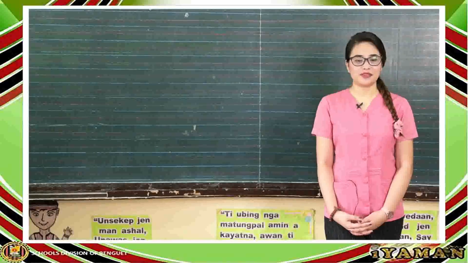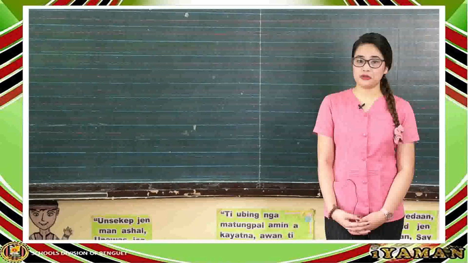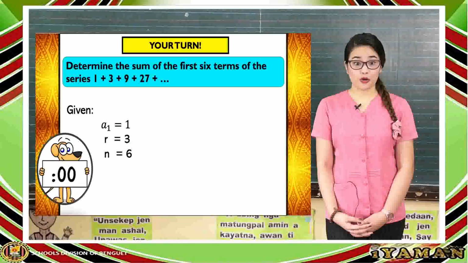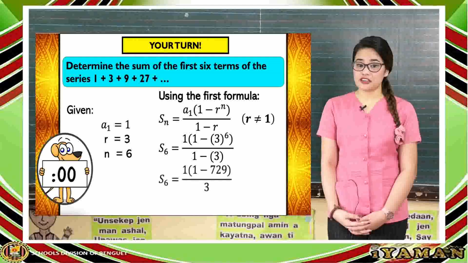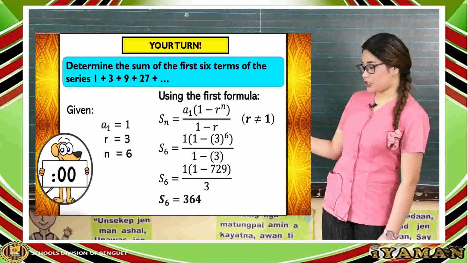Are you done? Okay, so what formula did you use? You're right, it is the first formula. Substitute the given, then perform the indicated operations.